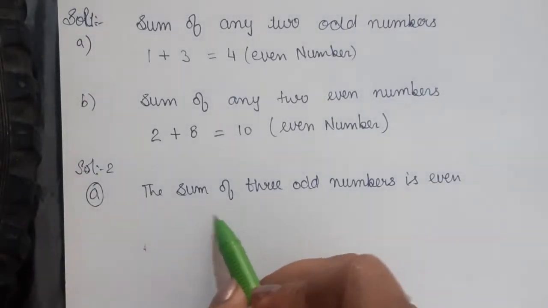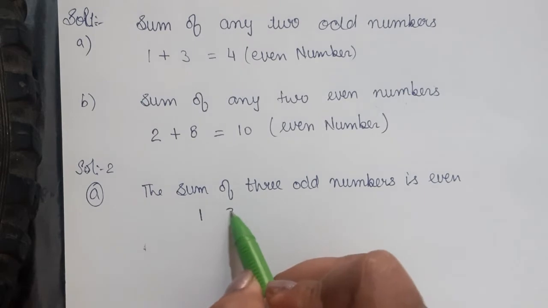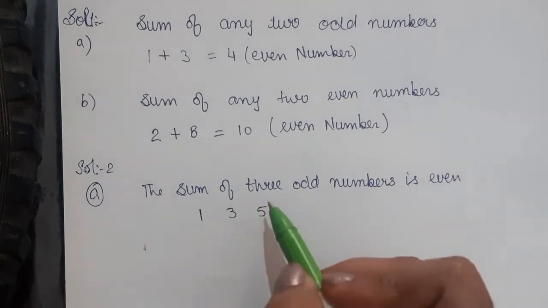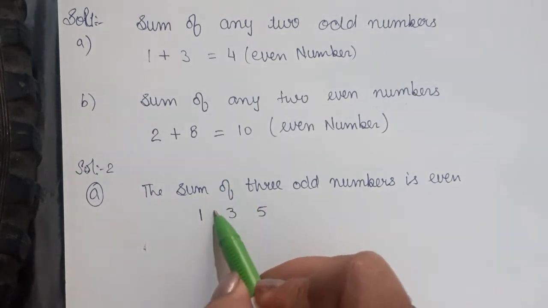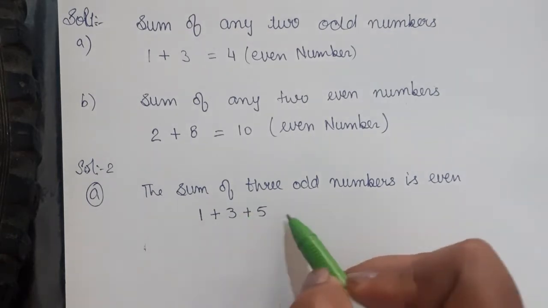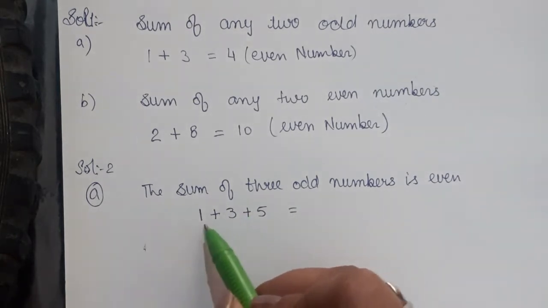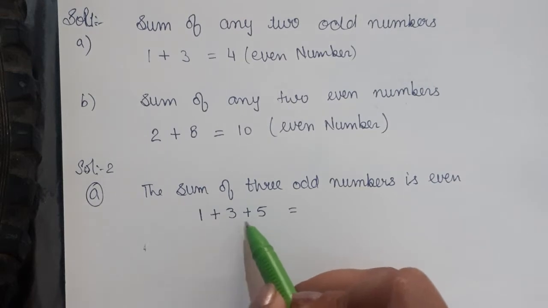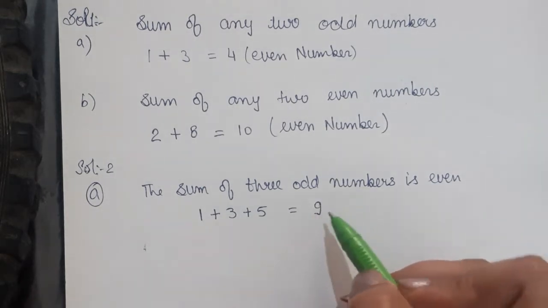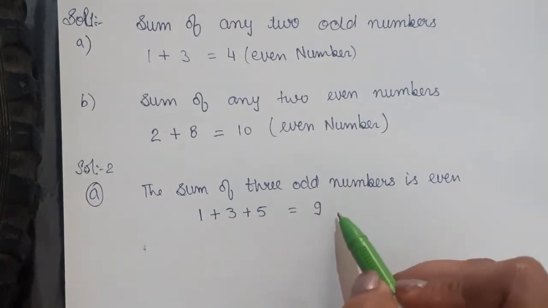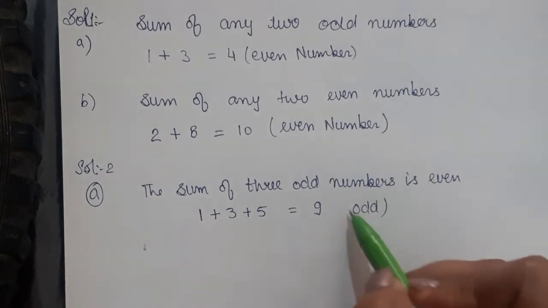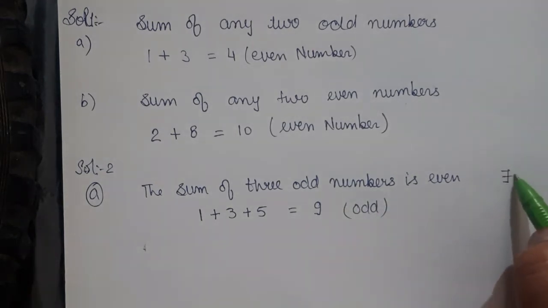Here I am taking three odd numbers 1, 3 and 5, and I have to find the sum. So I will put a plus sign over there, and what will I get after addition? 1 plus 3 is 4, 4 plus 5 is 9. Here I am having an odd number. So it means this is a false statement.